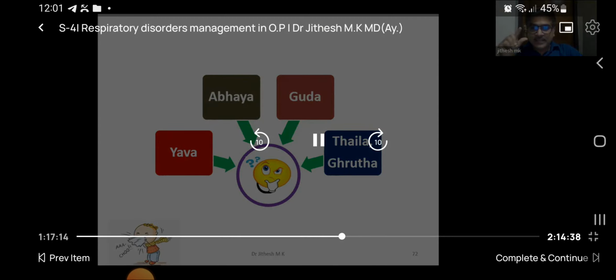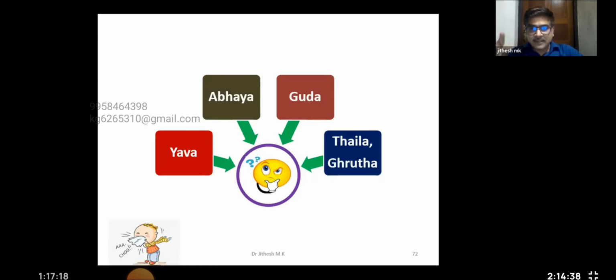Swinna Haritaki is Sangrahi. To prevent the Sangrahi nature, or the Grahitva, the Acharya added Grita as an antidote, to balance the Grahi nature of Abhaya.